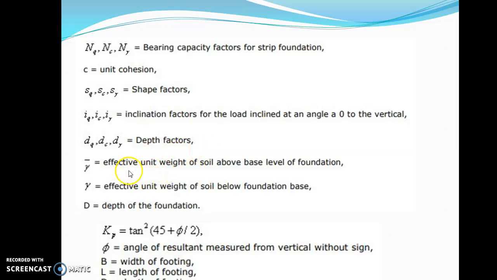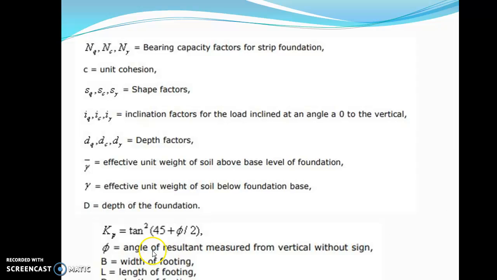Gamma dash is the effective unit weight of soil above the base level of foundation. Gamma is the effective unit weight of soil below the foundation base. D is the depth of foundation. K_p is given as tan squared of 45 plus phi by 2. What is this K_p? It is the passive pressure coefficient.